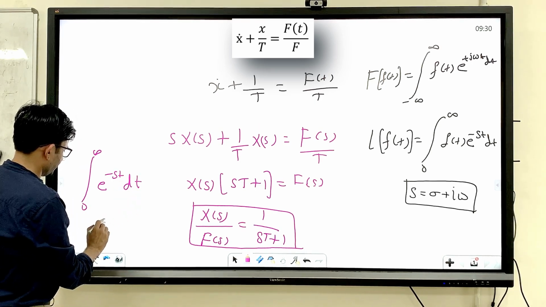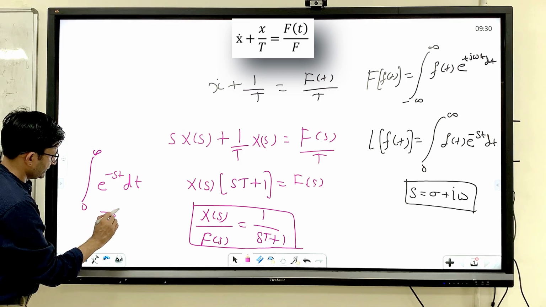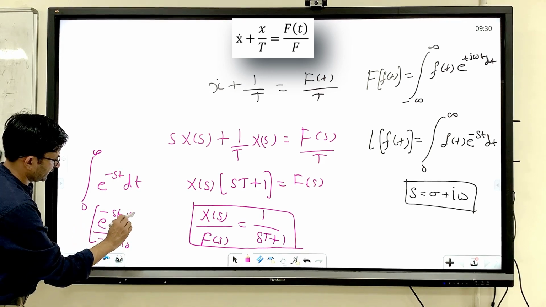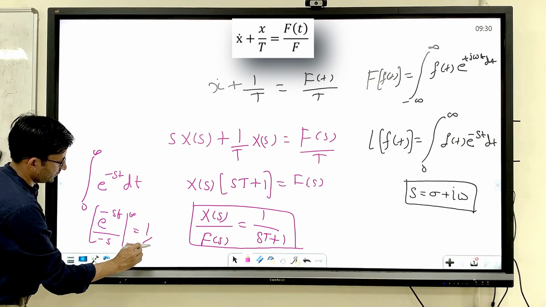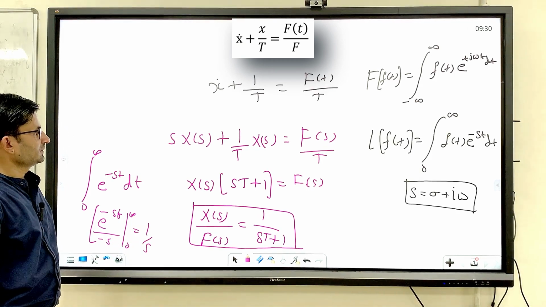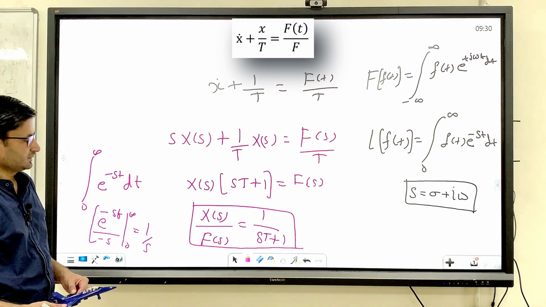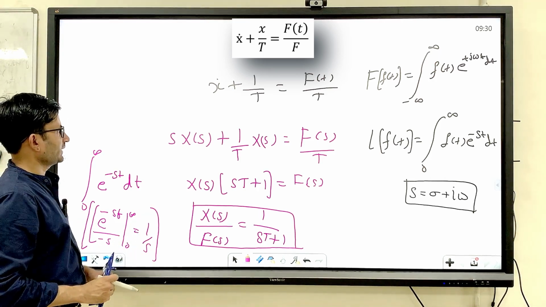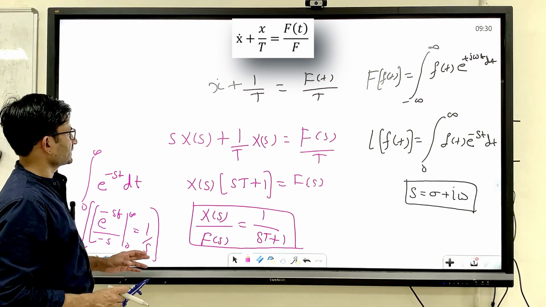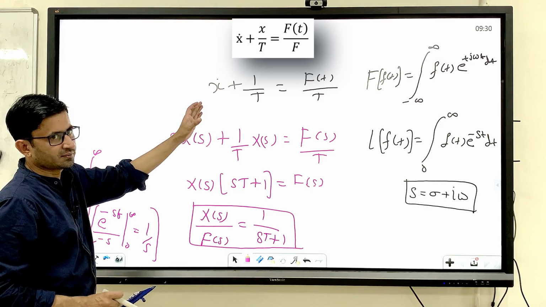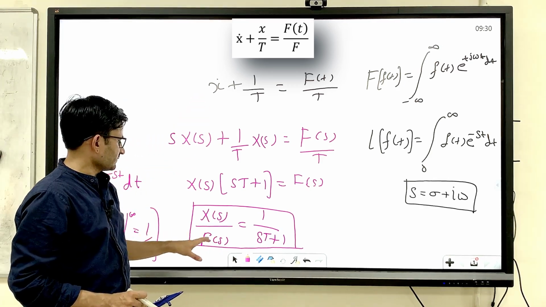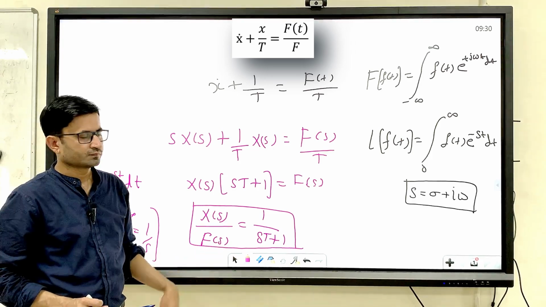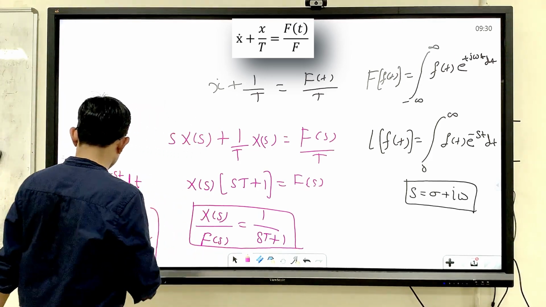The integral is e to the power minus st by minus s from 0 to infinity, which turns out to be 1 by s, right? Like that you can have the Laplace transform of x dot, the derivative of x, and X(s) by F(s) can be written as 1 upon Ts plus 1. You agree with me, right? And how we have written that, I have told you.